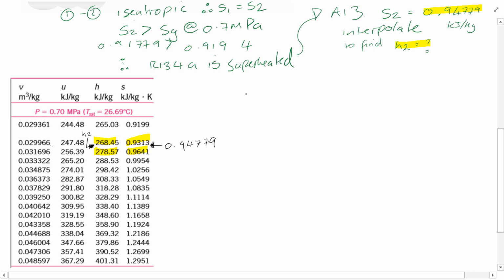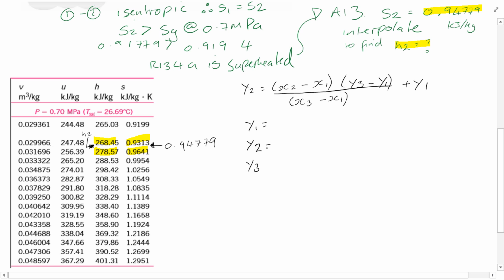Okay, so the equation for interpolation: y2 is equal to... You don't have to use the equation, it's not given, so if you want to use it, you need to learn it. There is another method that you can use as well. Of course, you might have seen it in the model answers that the lecturer has put together. It's up to you which method you use, whichever you find quickest. Try them both. Okay, y1, y2, y3. Of course, y2 is H2, and this is what we're trying to find.